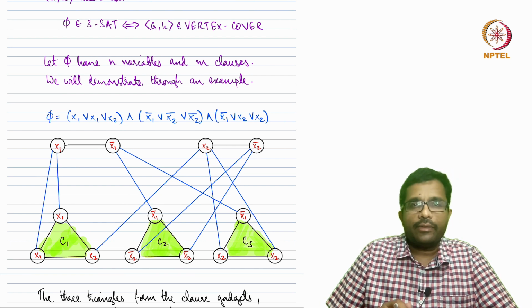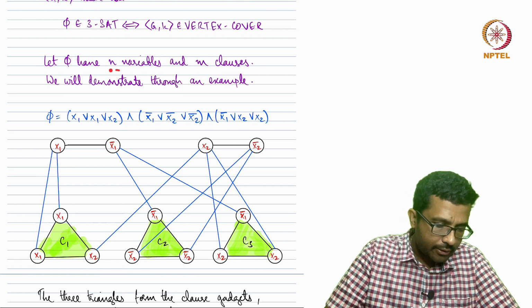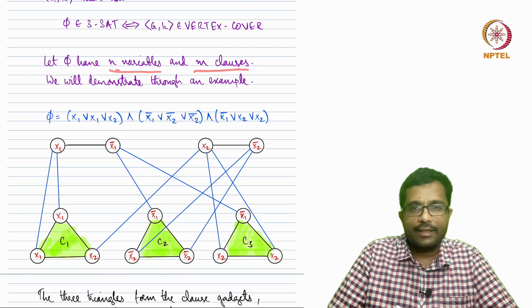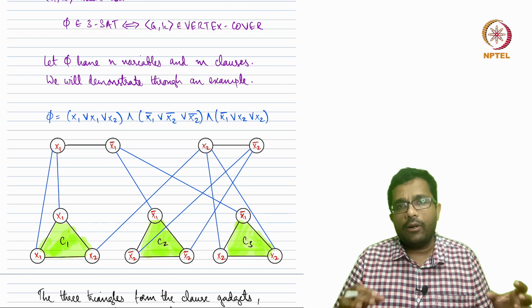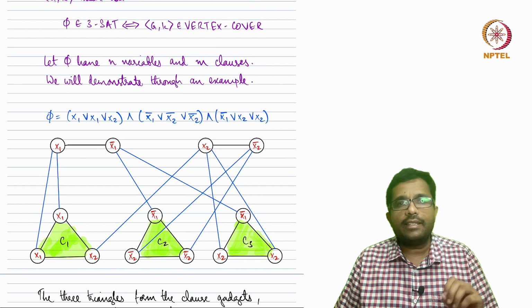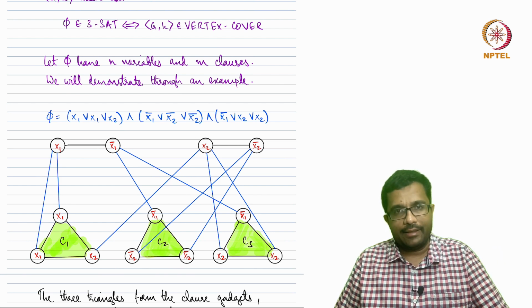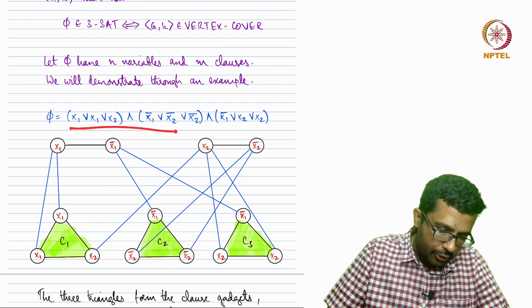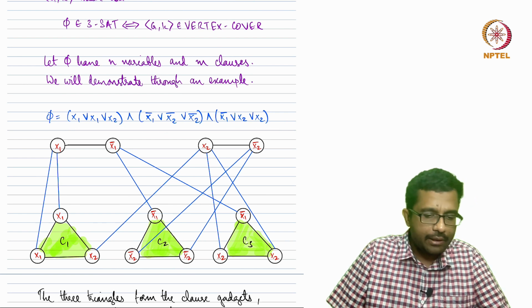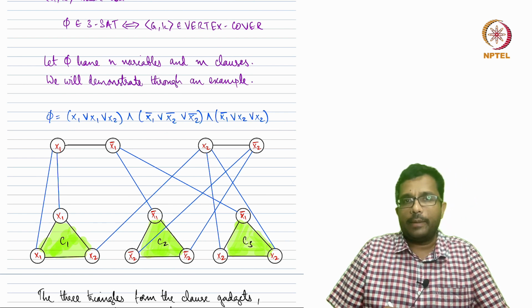Let phi have n variables and m clauses. Phi is a 3-SAT instance, so it's an AND of m clauses where each clause is an OR of 3 literals, something like this. Here we have a rather simple example so that the figure does not become too messy.